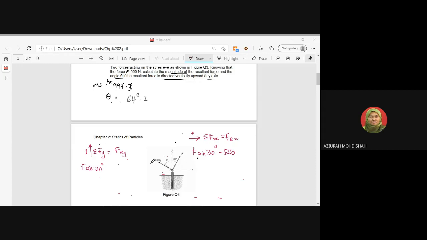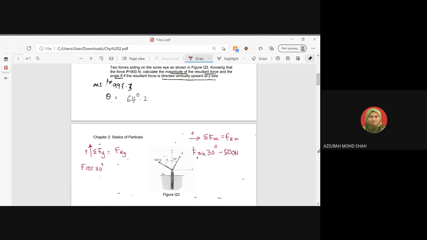Untuk 2D. Nanti dalam chapter 3, tanda negatif adalah berdasarkan rotation clockwise ataupun counterclockwise. So you have to pay attention in here the negative value is based on the quadrant, quadrant 1, 2, 3 or 4 lah. So this one is negative 500 Newton.